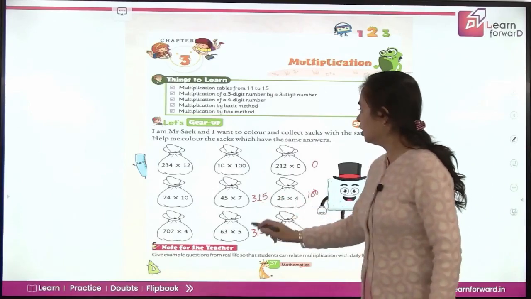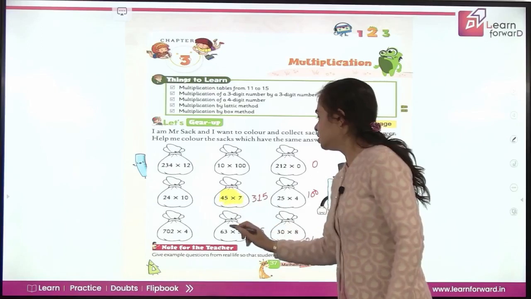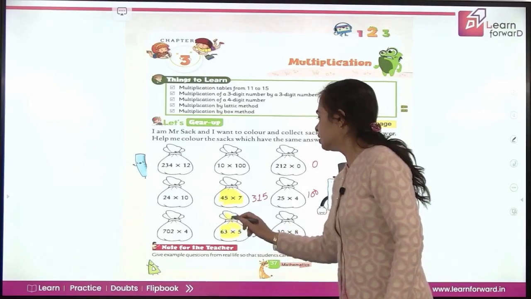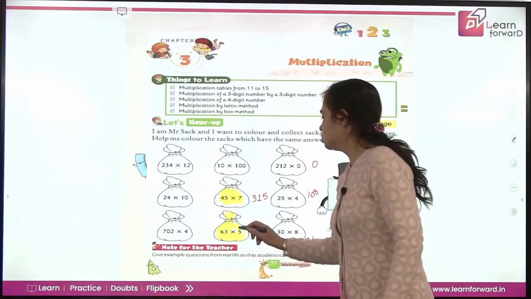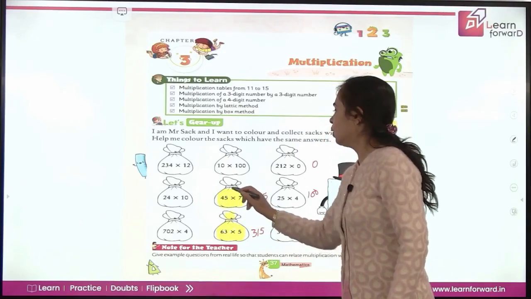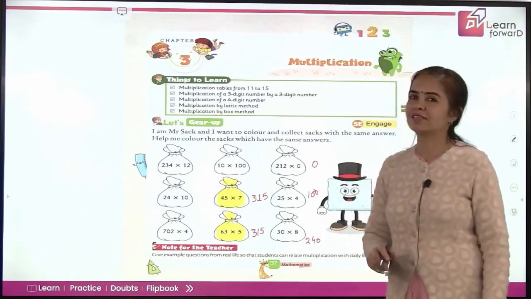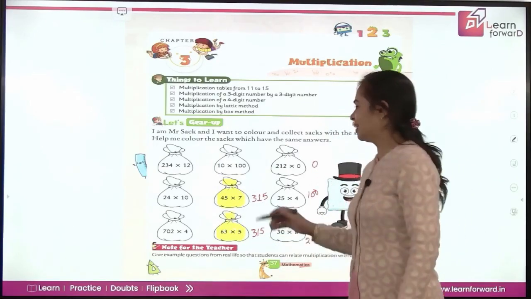This is 315. This is also 315. Let's shade these both sacks in yellow color. And because you will be having your own different colors, pointed ones, you are going to show your coloring more perfect. I know you are better at coloring than me.